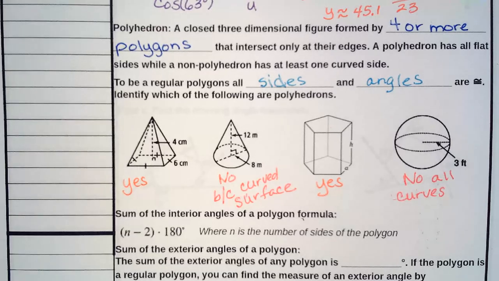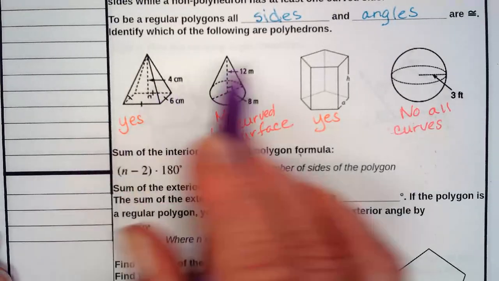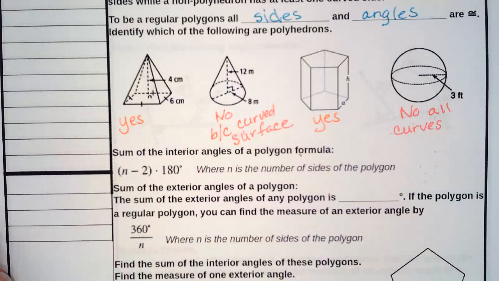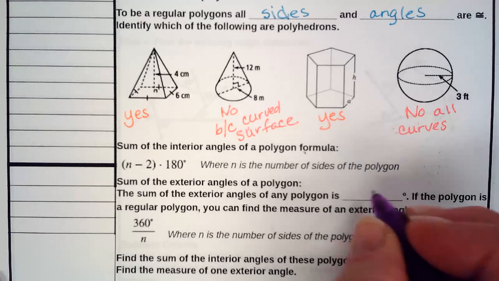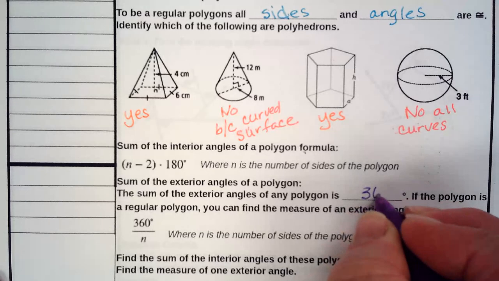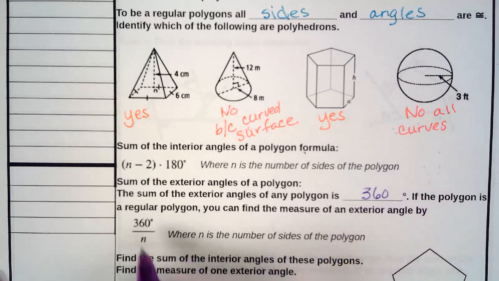So if you're thinking about how you can create a circle, then that leads you to understand that the sum of the exterior angles of any polygon is how many degrees? 360 degrees. If the polygon is a regular polygon, you can find the measure of any of the exterior angles by taking 360 and dividing by n, where n is the number of the sides of your polygon.